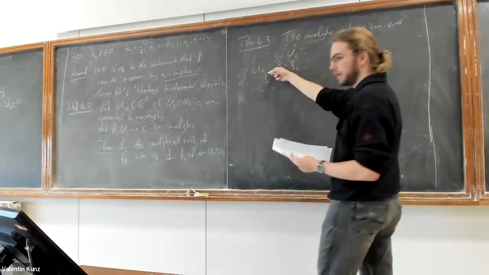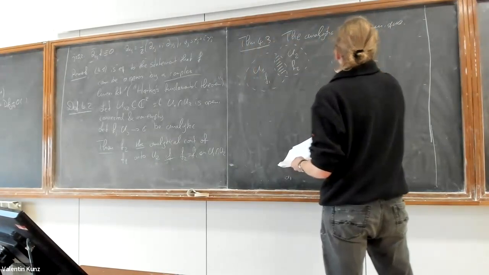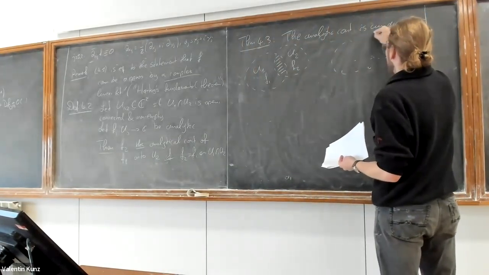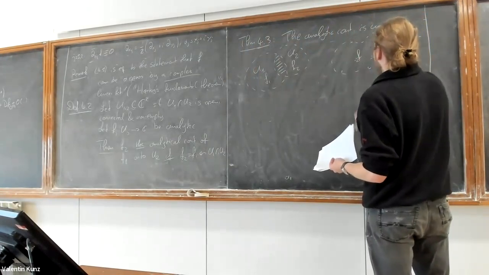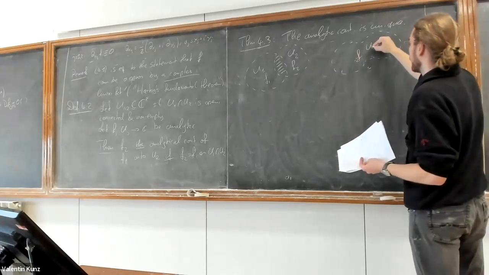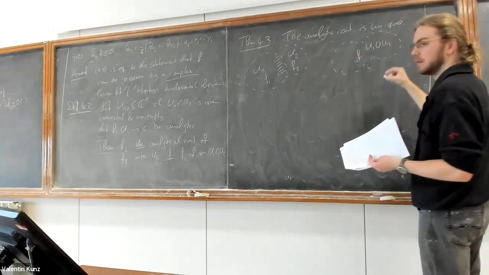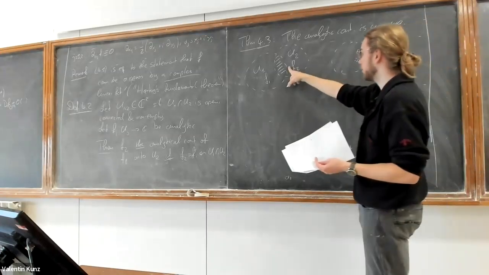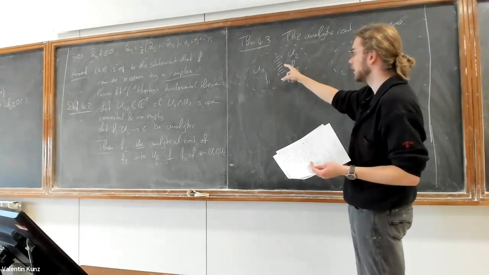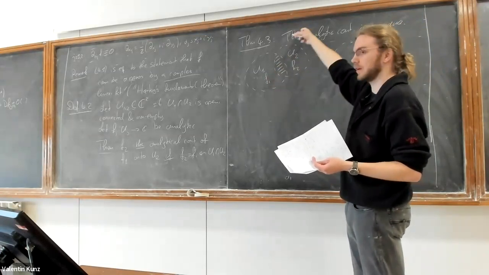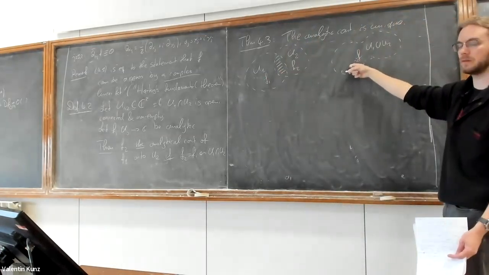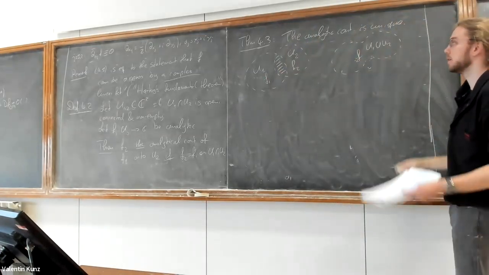They agree on this intersection, and what this theorem and definition says is that this is essentially the same as studying one function f that lives on the union. I analytically continue f1 from here to here. Similarly, I continue f2 from here to here. I will get the same both ways because analytic continuation is unique. So it absolutely makes sense to speak of this function being analytic over here.